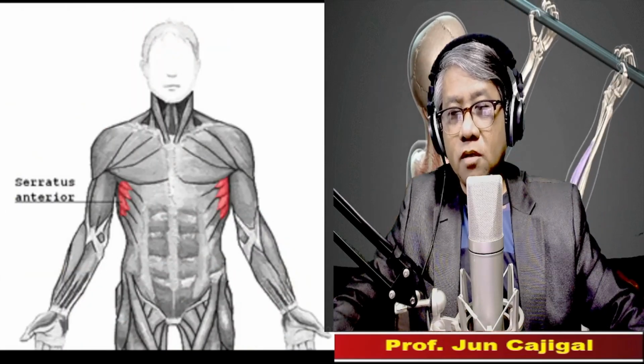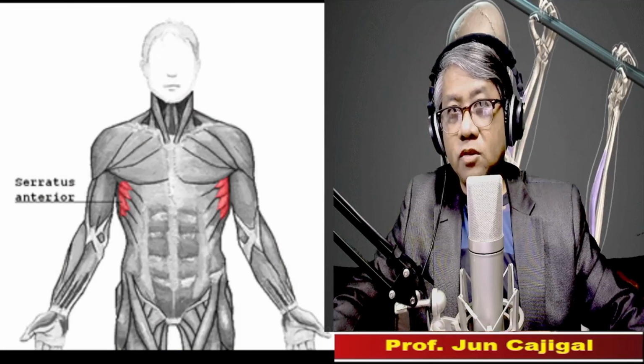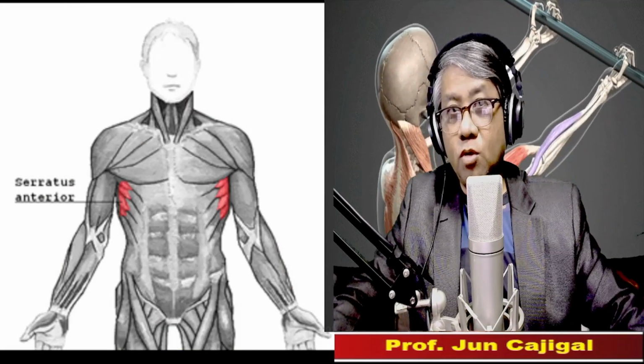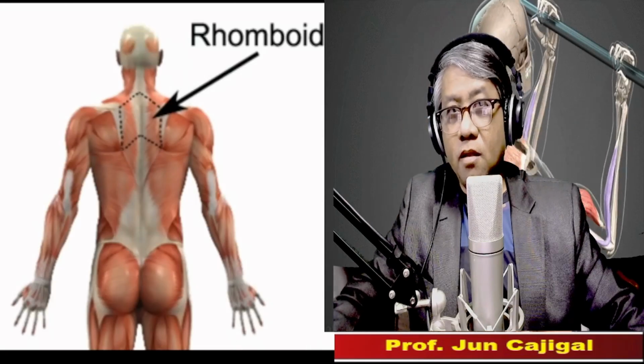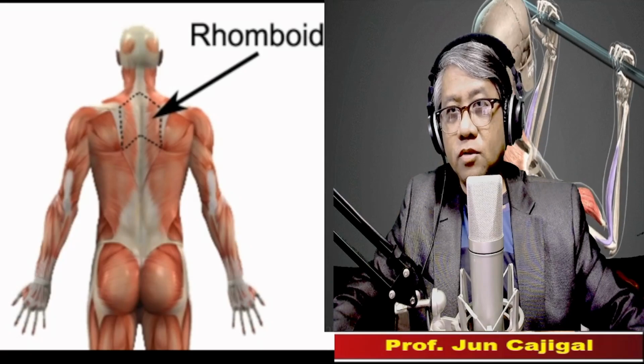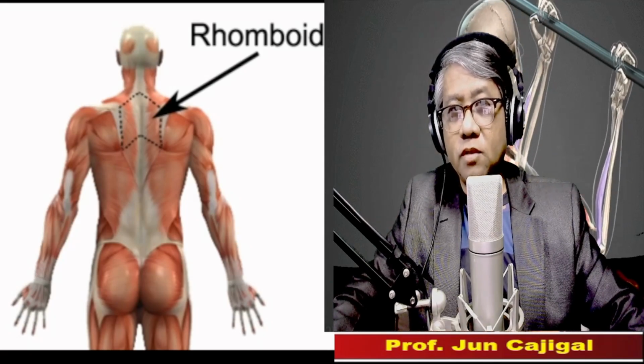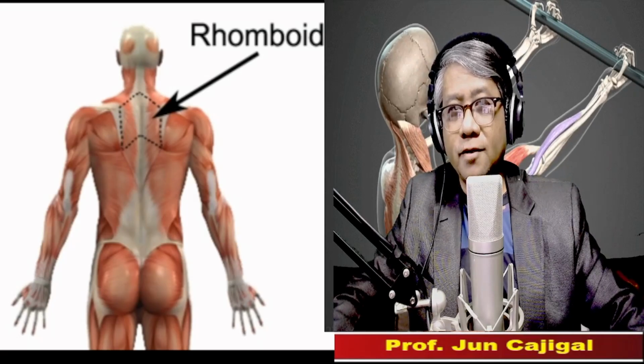Then if the muscle is saw-toothed, we make use of the term serratus, like the muscles just below the armpit. And if the muscle is rhomboid in shape, we make use of the term rhomboideus, like the rhomboideus muscle also in our back.